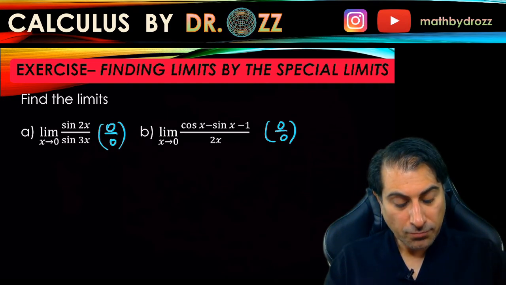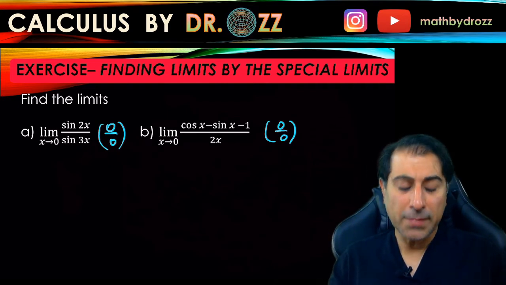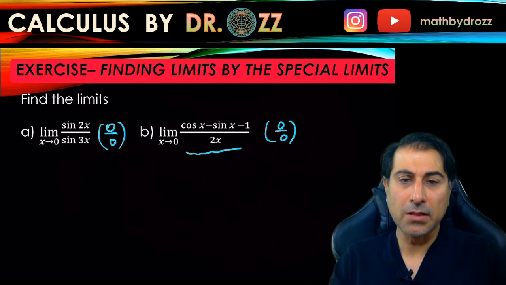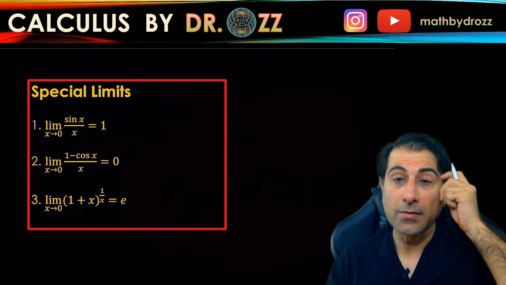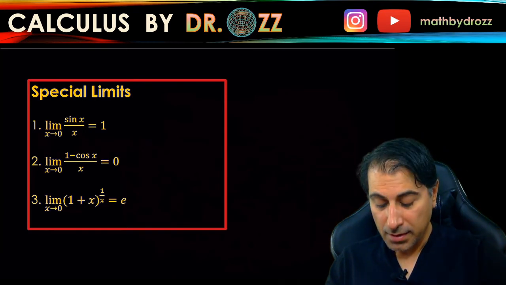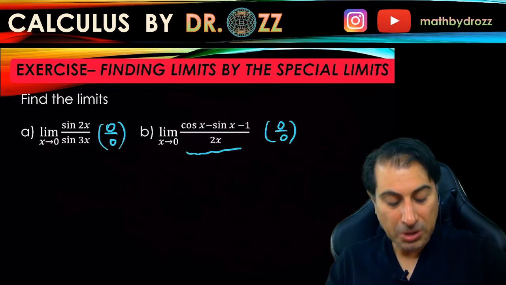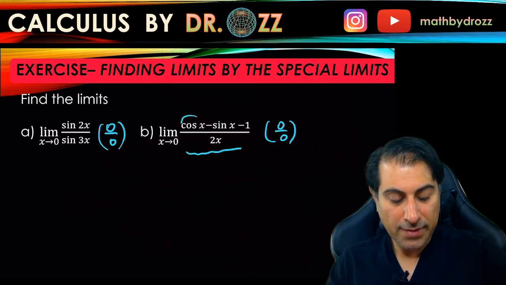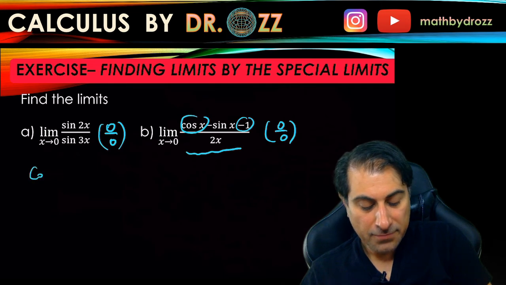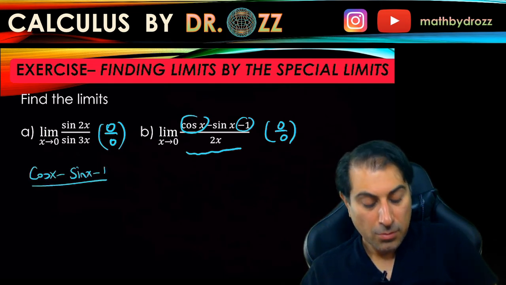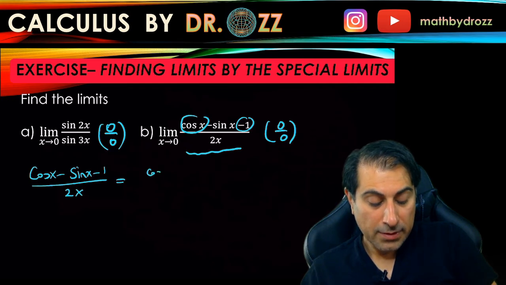Here we go. What I'm going to do next is to make this fraction resemble the fractions in the first and the second special limits. So I'm going to combine cosine x with -1. Essentially, I'm going to rewrite that fraction as cosine x minus 1.